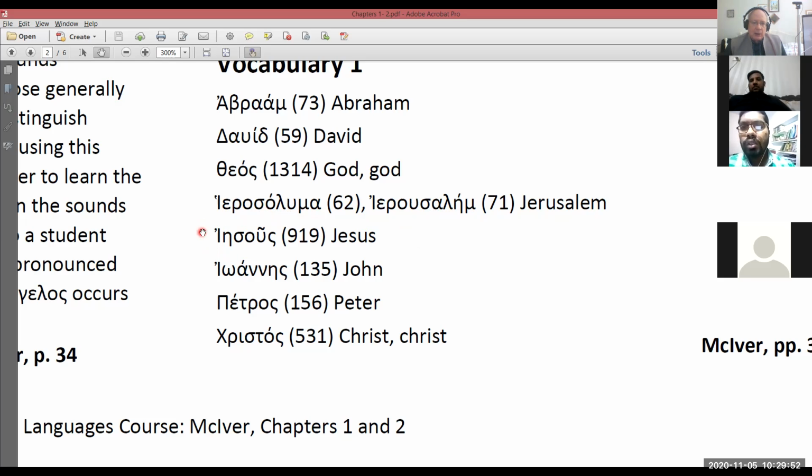The same here, Jesus, not Jesus, but Jesus. Iota with the next vowel, that's not a diphthong. See, it's not a diphthong. Iota, eta. We only have 7 diphthongs. This is not one. Jesus, Jesus.